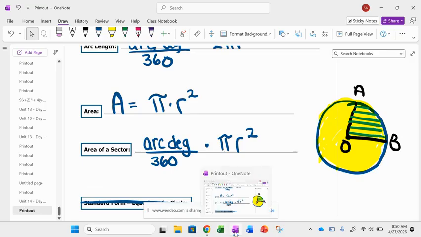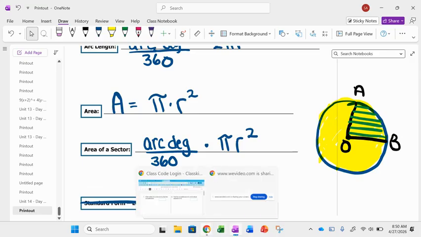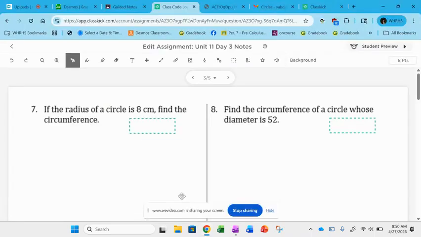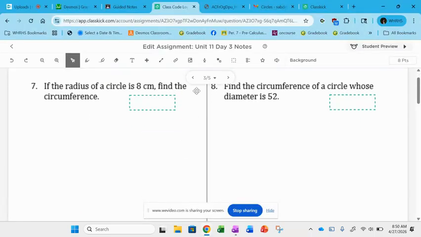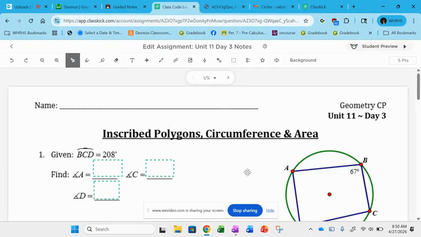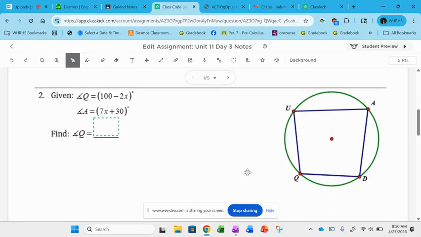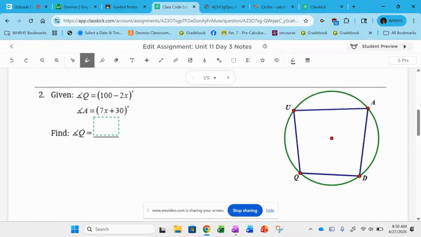Okie doke. Let's now go to the class kick. We're going to skip the do now just to save time. And now let's do some of these problems. It says angle Q is 100 minus 2x, and angle A is 7x plus 30. Oh, I didn't make a copy.